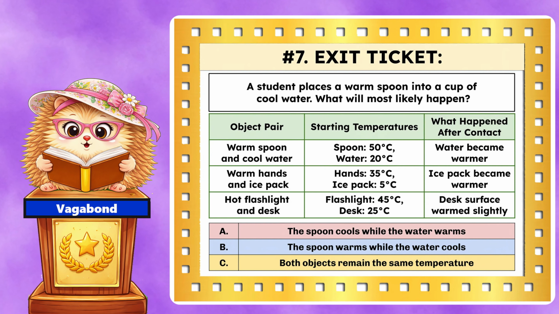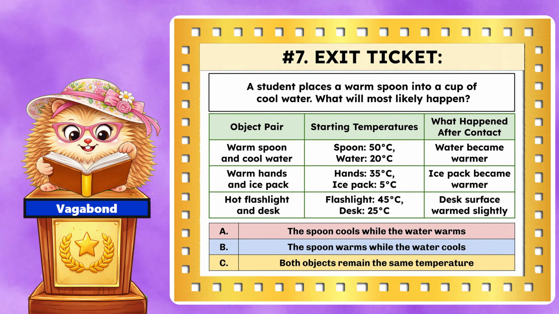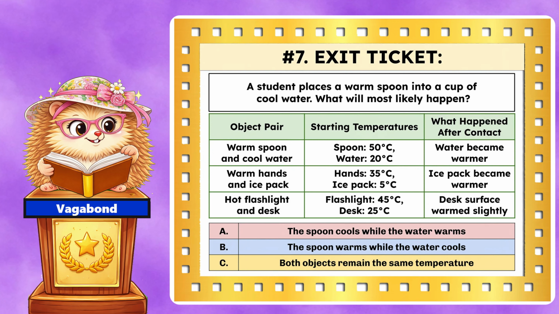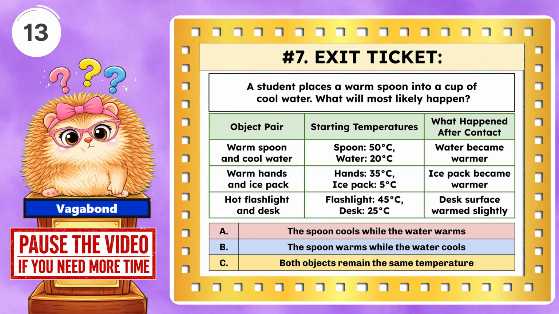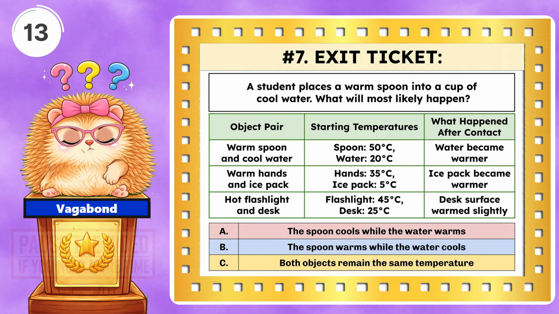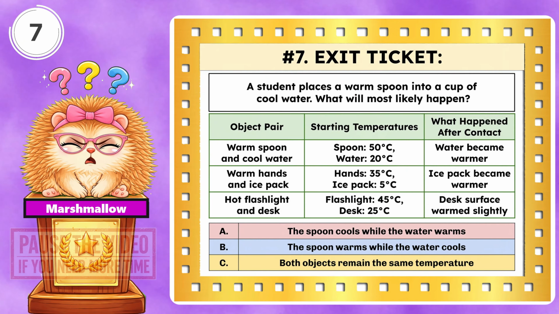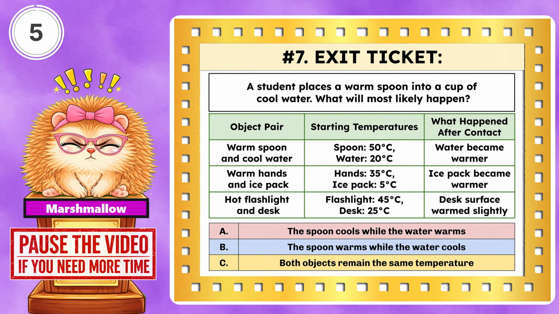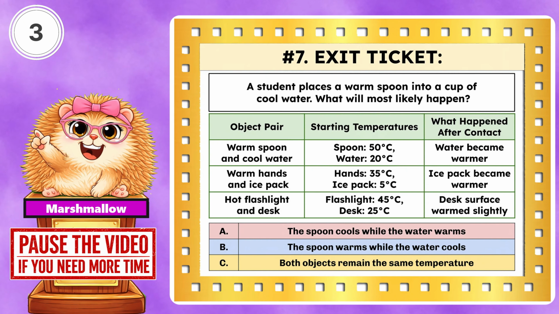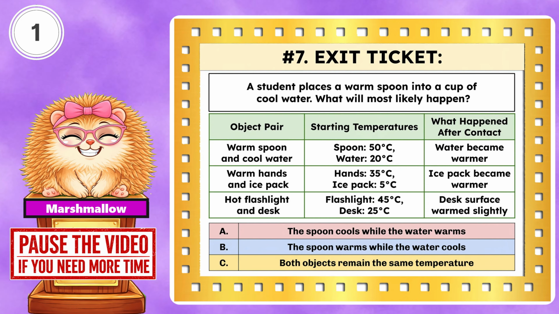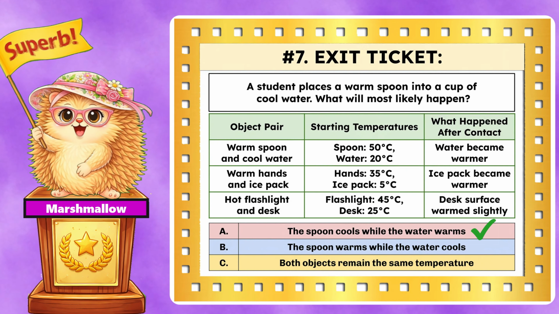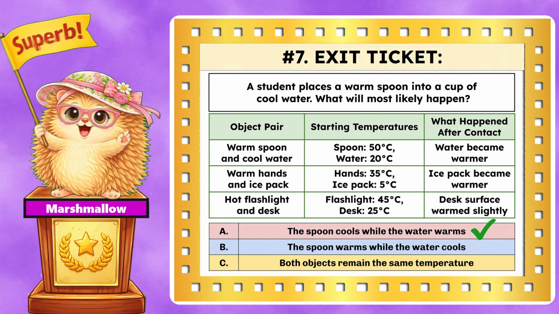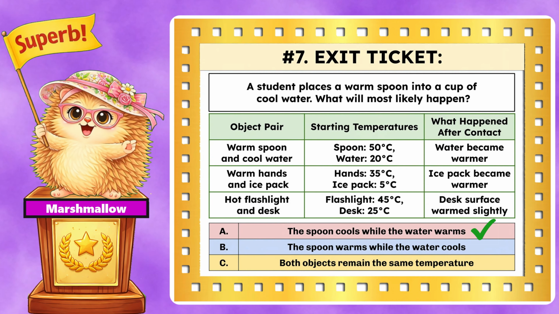A student places a warm spoon into a cup of cool water. What will most likely happen? And the correct answer is letter A. The spoon cools while the water warms.